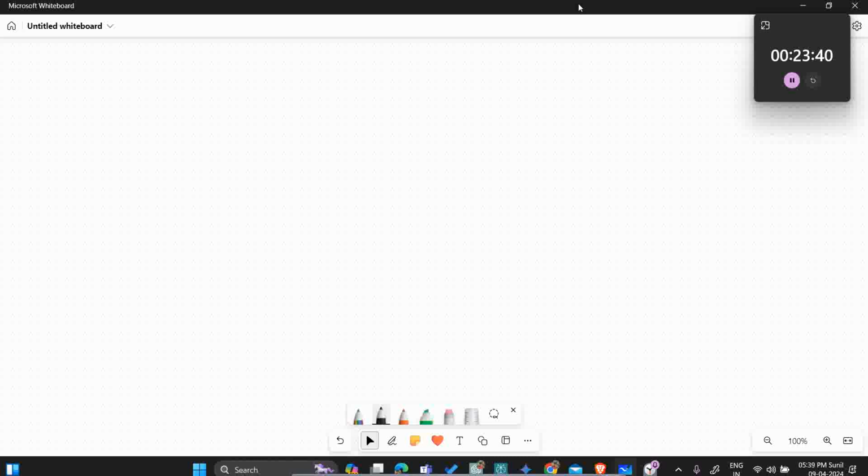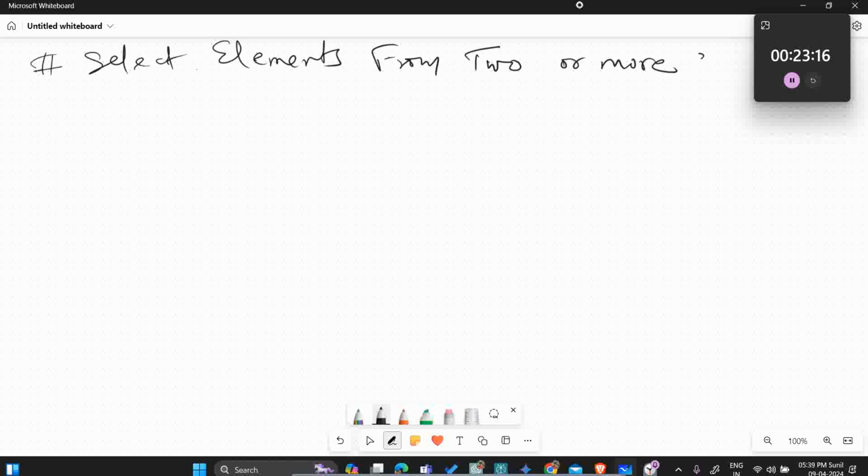Select elements from 2 or more sets. Right. So these are the question types. Next here is: select elements from 2 or more sets. Right. So the question here is, there are 6 boys and 5 girls.